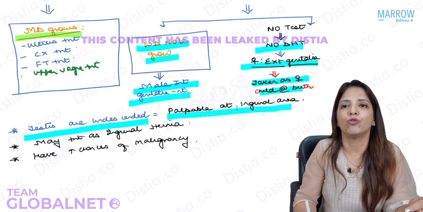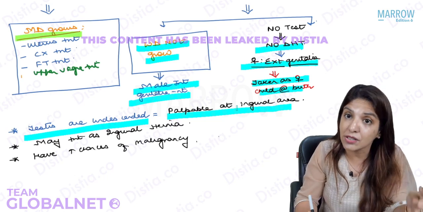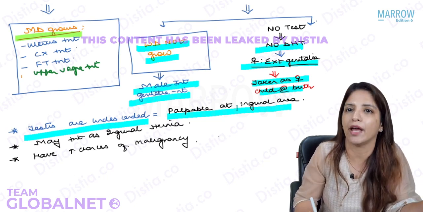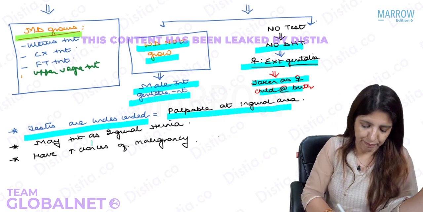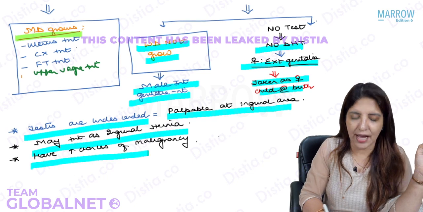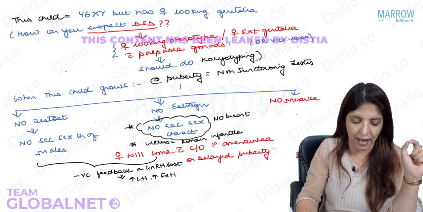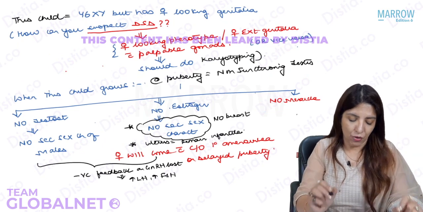That is when you have to realize that you are palpating the testes, and that is the time when you are going to do their karyotyping. Right. Now, as I told you, undescended testes have increased chances of malignancy, and so I will have to remove them. Okay.